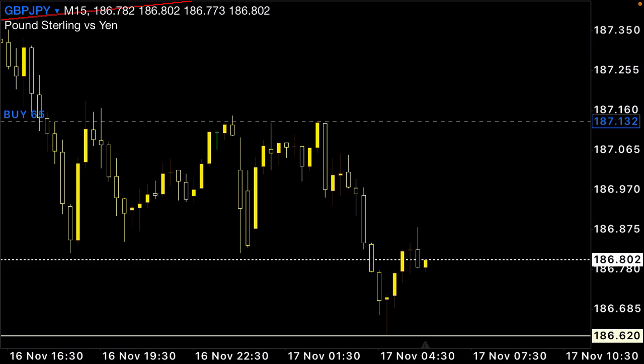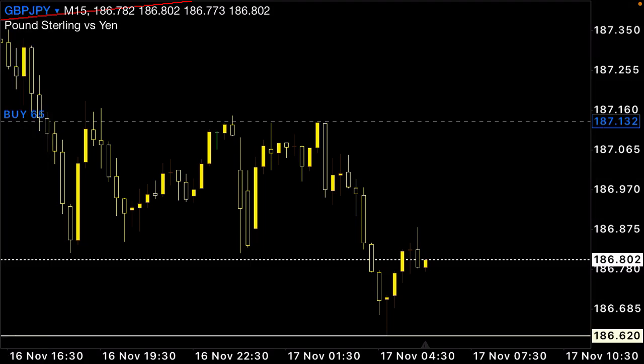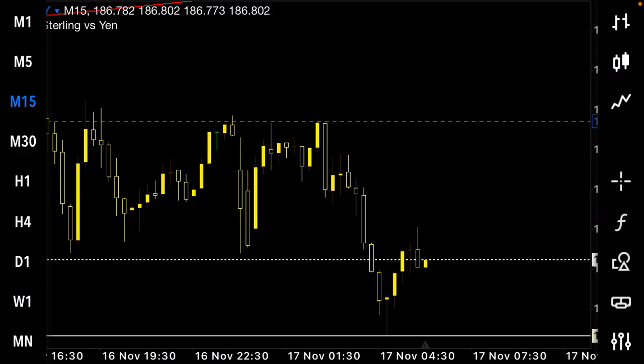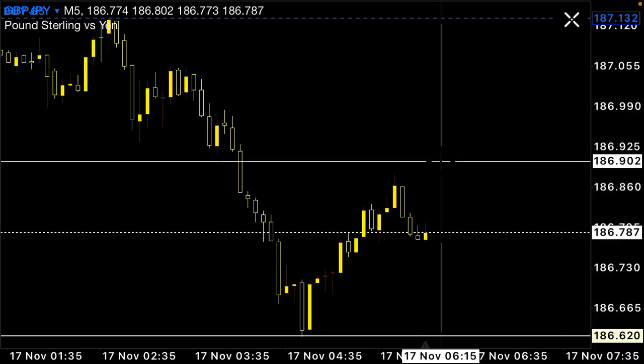So now if I tap on the screen, I can go down to the 5 minute over here on the left. Now each candle represents 5 minutes. So I can get a more close-up picture on this, get the crosshair here.